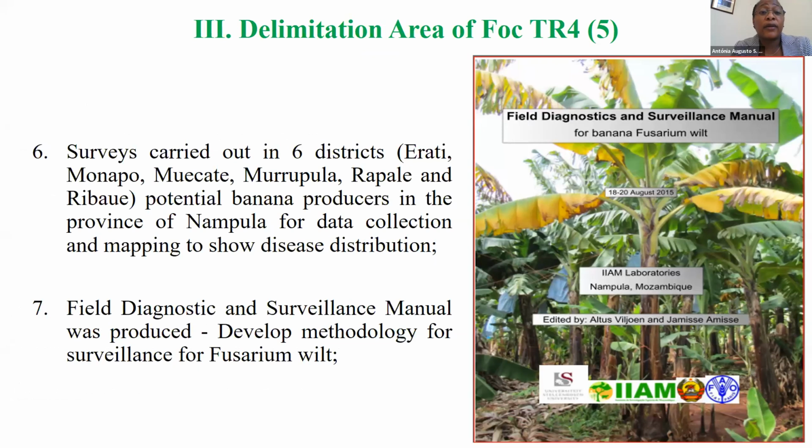We carried out a survey in 6 districts in Nampula province, but we also conducted surveys in the central part, Manica province, and in the south part, Maputo province. A field diagnostic and surveillance manual was produced. We developed a methodology for surveillance for Fusarium wilt according to ISPM number 6.